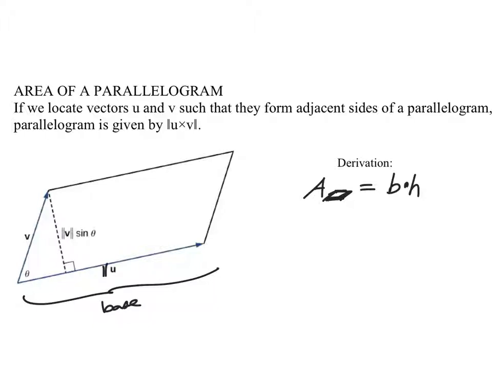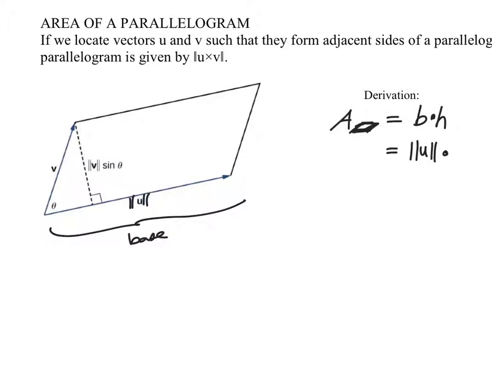The magnitude of that vector does. So the base is the magnitude of u. The height, I labeled it up here, but I do want to take a second and talk about where this is coming from. So I have an angle here, and this unknown side that I'll call h for height, right? Because I'm looking for base times height.